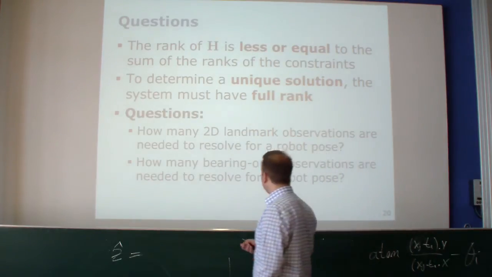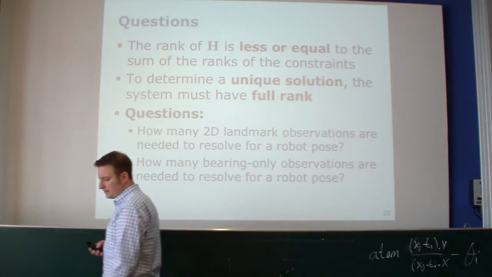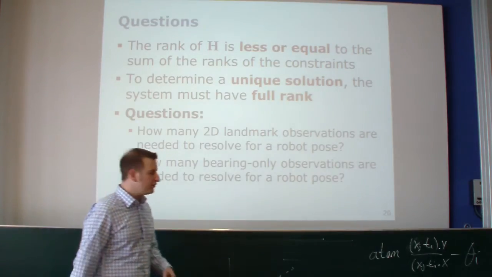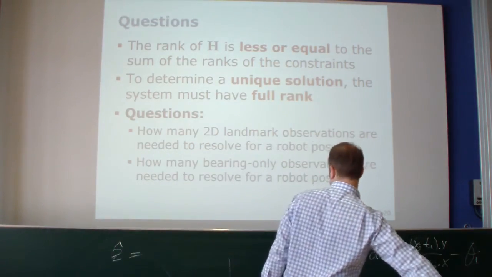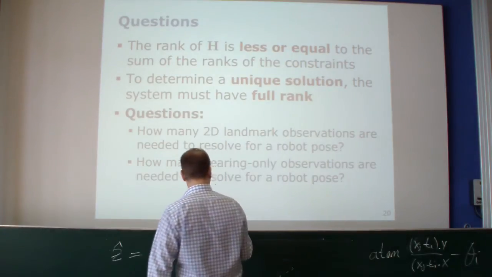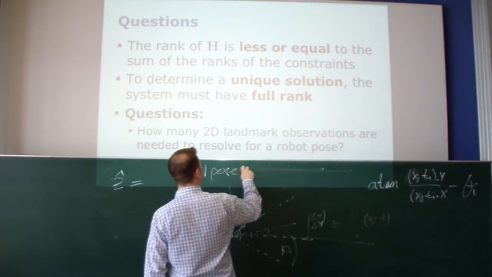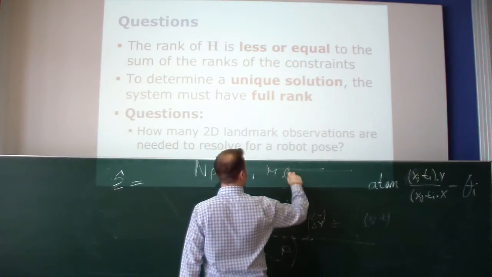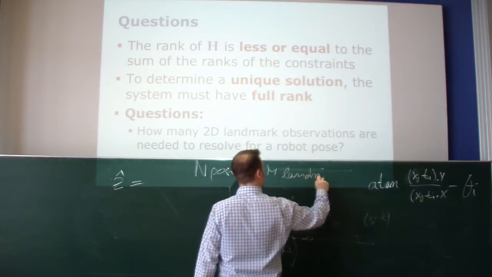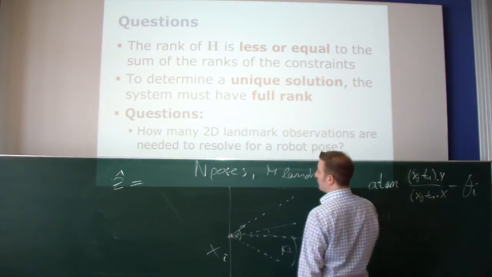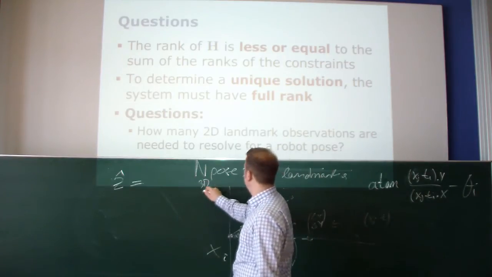So let's say I have n poses of the robot and n landmarks. So this is 3D, x, y, theta, and 2D.